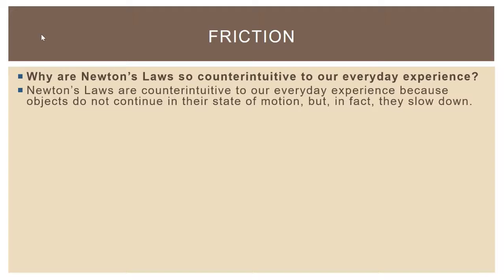It's true that an object in motion stays in motion and an object at rest stays at rest. But that's only true in the absence of an external force. And almost all tellings of Newton's first law leave off that last part, which is the most important part. Objects in motion tend to stay in motion, and objects at rest tend to stay at rest only in the absence of external forces.